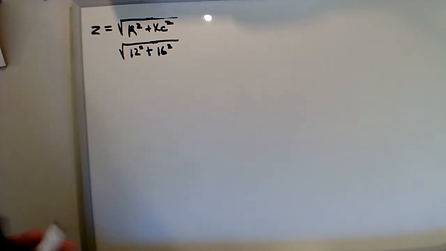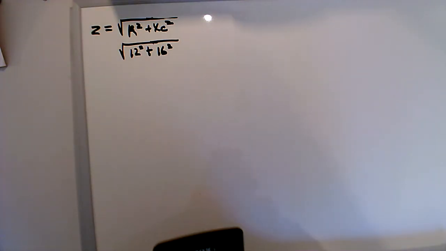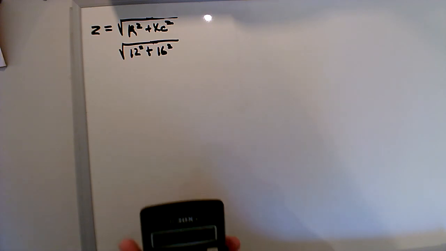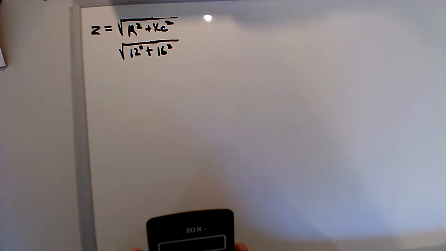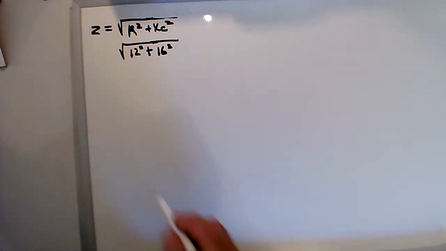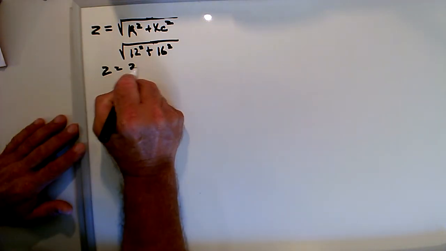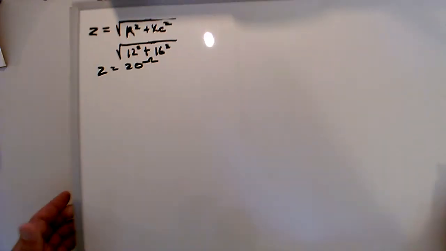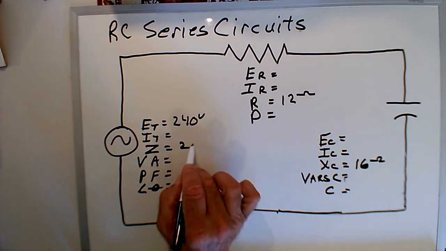At that point, I grab my calculator. 12 squared plus 16 squared equals, and then the square root of that is 20. So in this case, Z is equal to 20 ohms. So now we have an impedance value of 20 ohms.